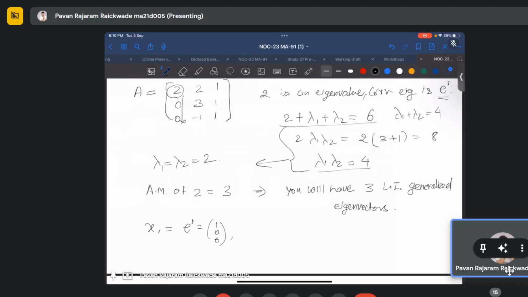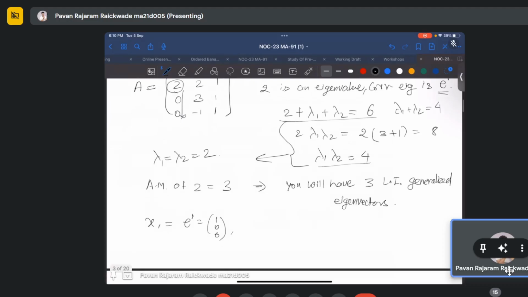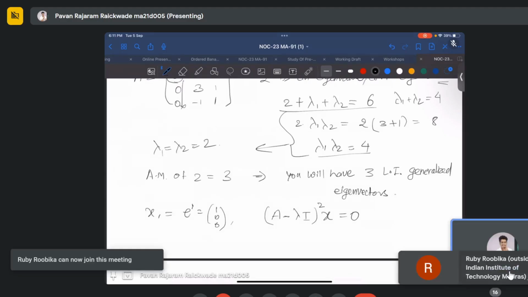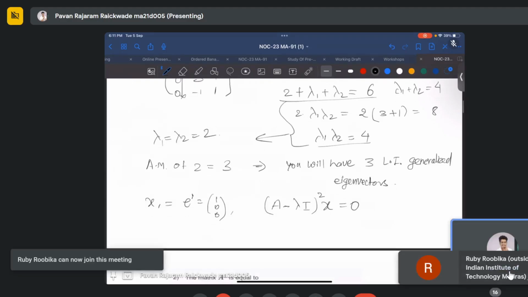Now to find another eigenvector x2, what I have to solve is (A minus lambda I) squared times x equals 0, correct? So I have to find whether this equation has a solution or not. But what is (A minus lambda I) squared x?